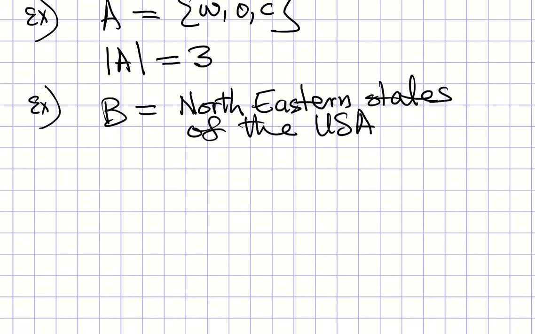Of course, we know what that set will look like, from the image I showed you before. That set will contain CT, which stands for Connecticut. ME, oh, don't tell me I got that wrong. I think it stands for Maine.